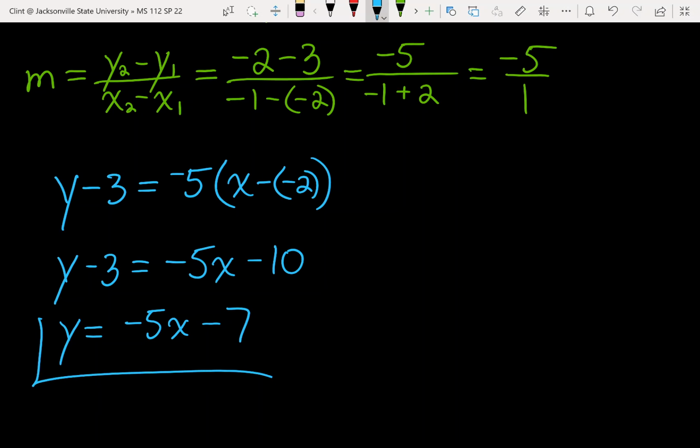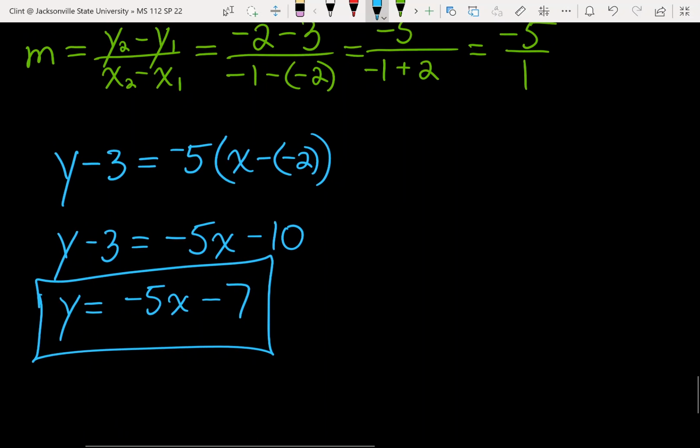It's the same. Ended up being the same line as last time. I accidentally picked the same one twice. So first, change this to plus 2, and then distribute the negative 5, makes it negative 10, and then I add 3 to both sides.